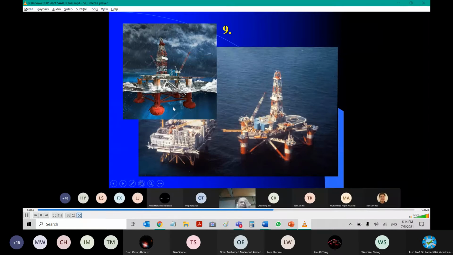So what happened in 1980 is that one of the legs, actually the holding of the leg here, broke, and one of the legs came off of this particular structure.